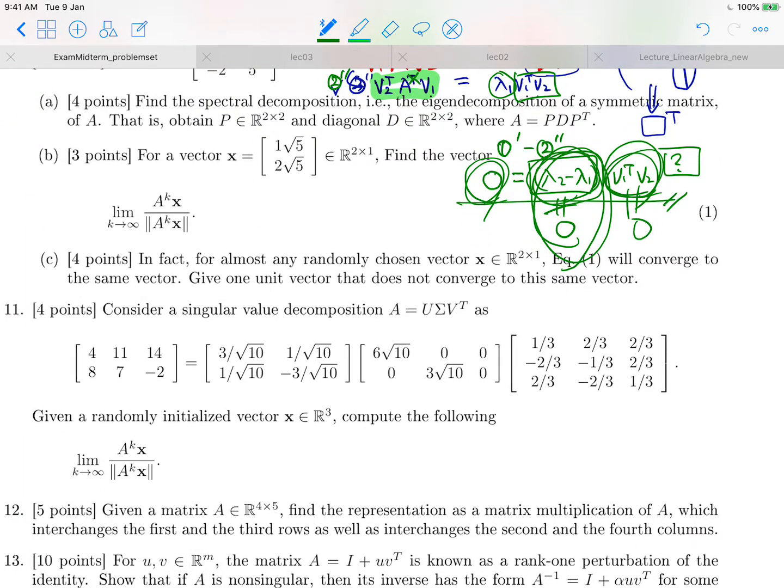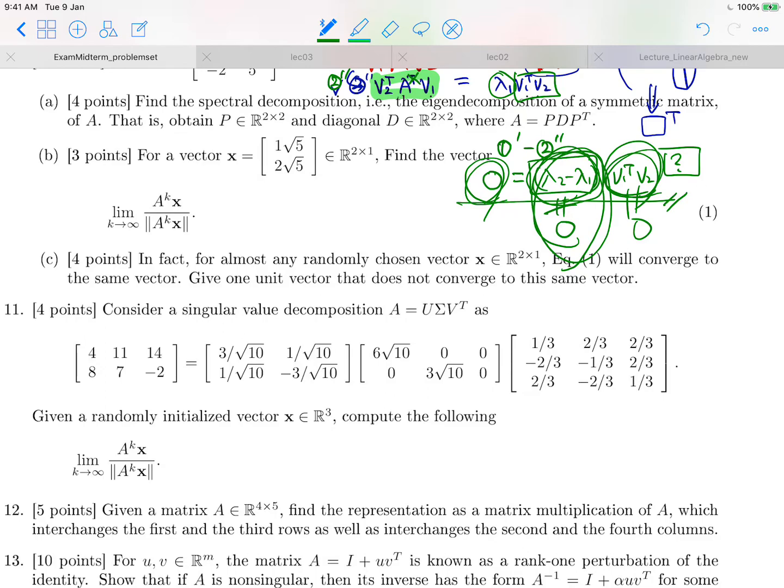In general, for a random vector that we choose, if we keep multiplying A over and over, it will converge to the eigenvector with the largest eigenvalue, right?